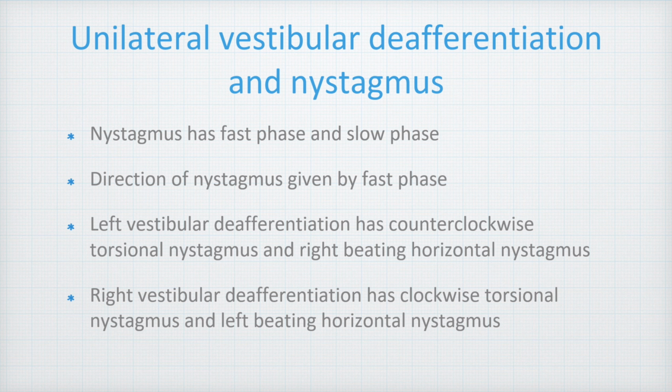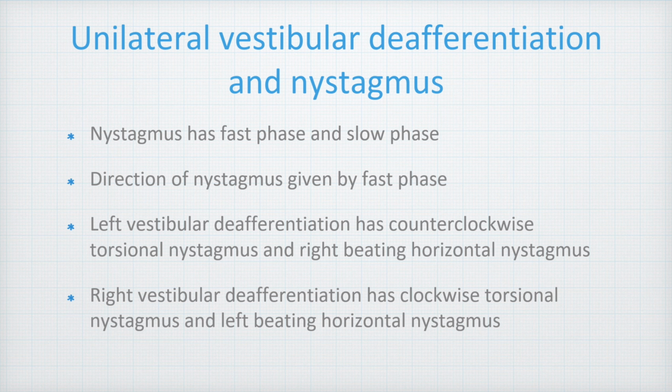So let's look at this with an example. Suppose there is vestibular deafferentiation of the left side, then nystagmus will be right beating, and also it will be counterclockwise torsional nystagmus. The right vestibular deafferentiation will have left beating horizontal nystagmus, and in torsional nystagmus it will be clockwise. As you can remember, if you are moving to the right, that is clockwise motion in torsional.